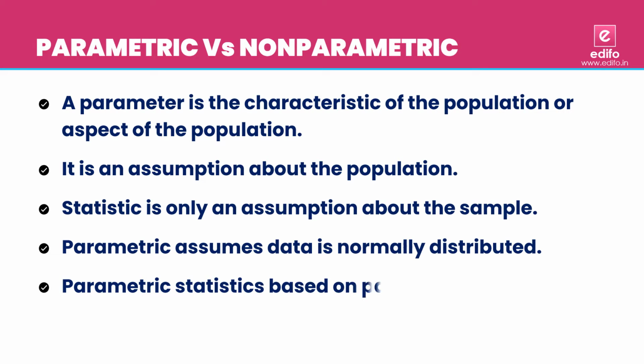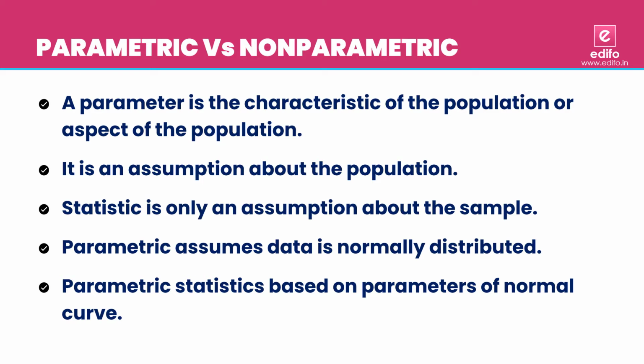In other words, parametric statistics are based on the parameters of the normal curve. That is, mean of the normal curve, standard deviation of the normal curve, the proportion of the normal curve, etc. So, parametric tests rely on the assumption that the data you are testing resembles a particular distribution. Here it is normal distribution, or we can say a bell-shaped distribution.